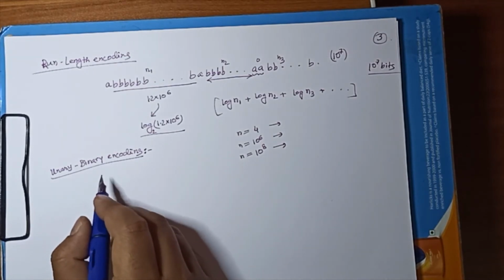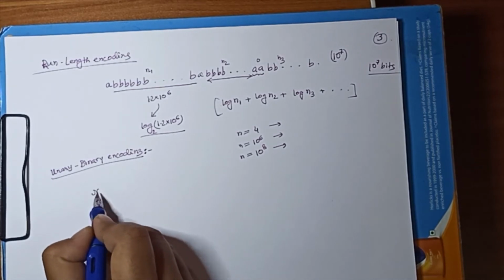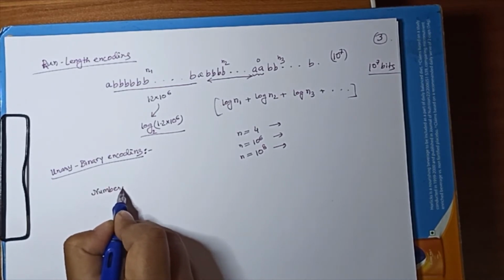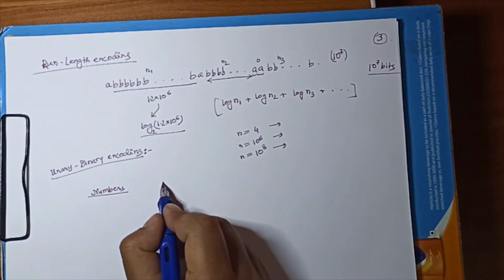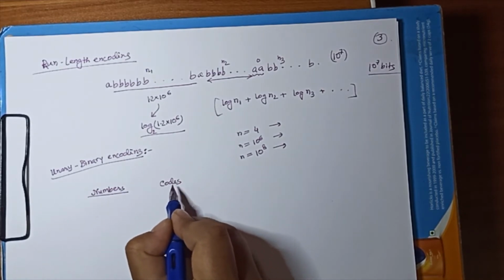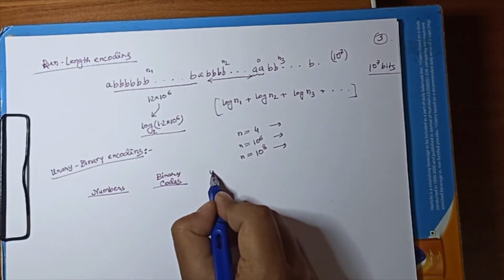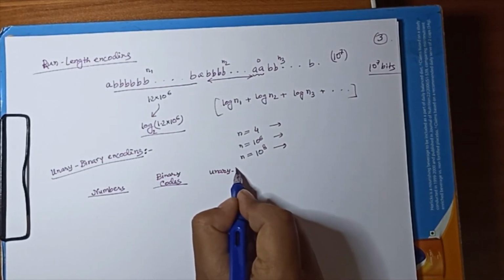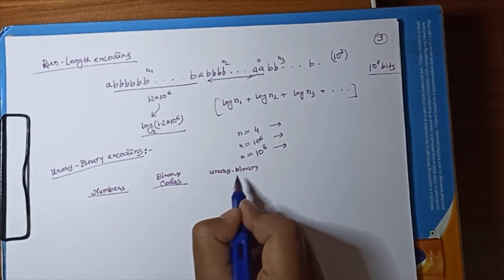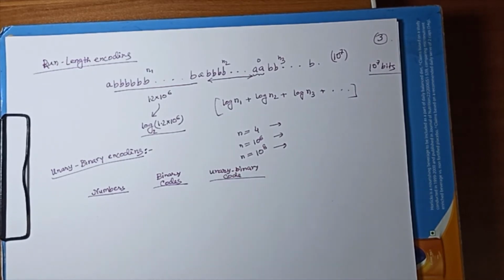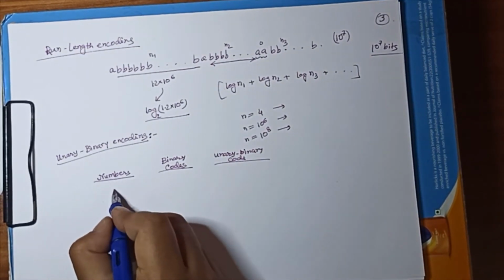My policy is that, let me write down the integers, and these are the codes. Let me write first the binary code and then I'll write the unary binary code. And you will understand why it is prefix free. So suppose the number is 0.